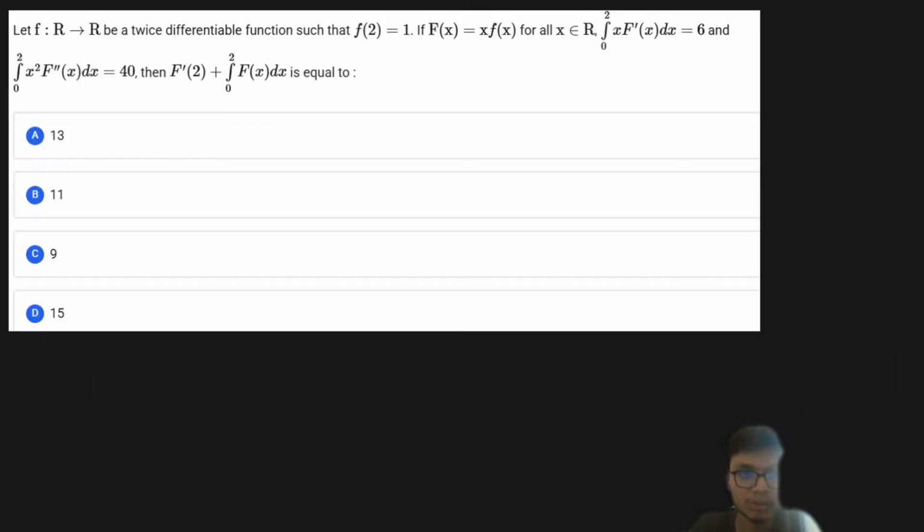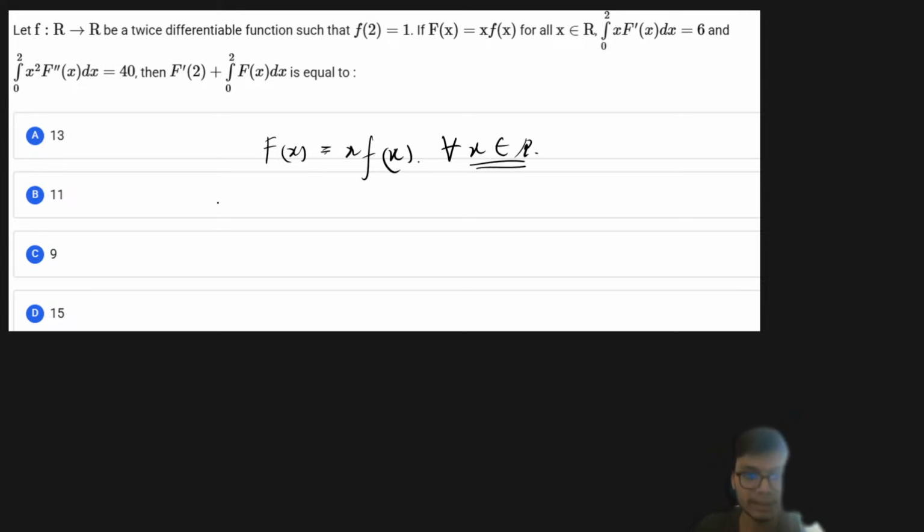So the next problem is on your screen. It is said that there is a function small f which is going from real to real and is a twice differentiable function such that the functional value of small f at 2 is equal to 1. And it is said that capital F of x is given as x times small f of x, and it is defined for all x belonging to real numbers.